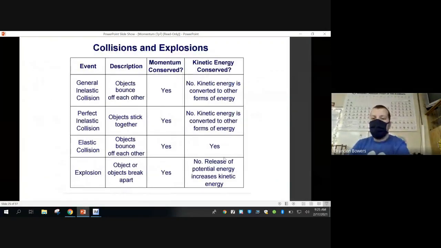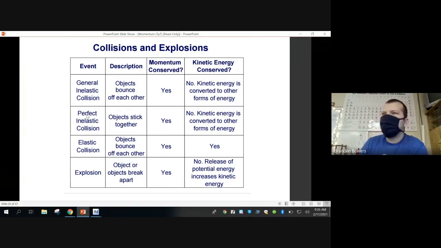So, is our energy conserved? No. So it's inelastic, because it's not bouncing off. Now, if we look at this, did the objects stick to each other? No. So what specific did we get? General inelastic. Does that make sense?